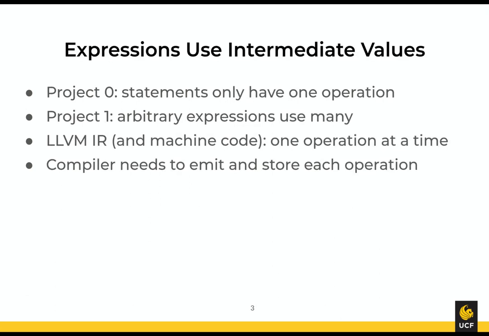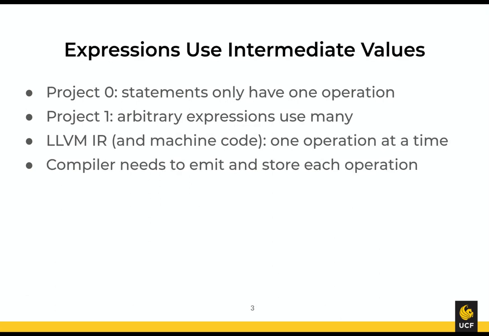But then the next problem is, even if we have this nice recursive descent parser that can recognize that our input is grammatical, how do we actually use that to generate code? LLVM and machine code don't support arbitrary expressions. If you remember from CDA, each assembly operation just does one addition or subtraction. You can't give it some arbitrarily large expression.